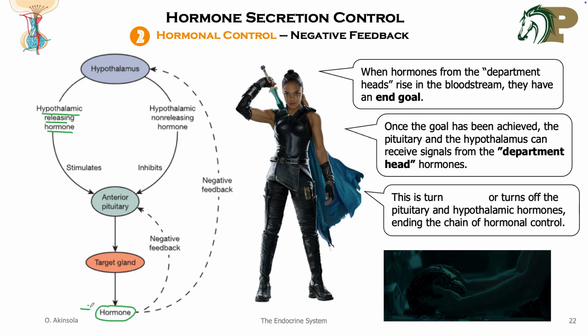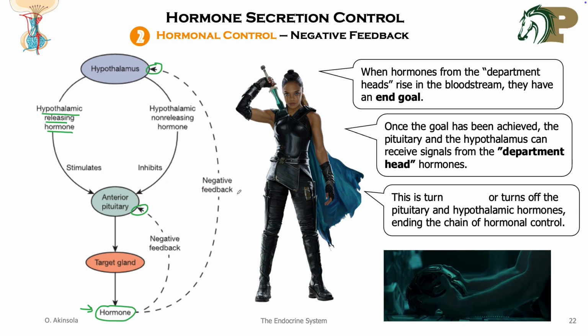Once this hormone reaches its target or end level, that hormone can then feed back to the pituitary and the hypothalamus. And what that will do is signal the pituitary and the hypothalamus to shut down.